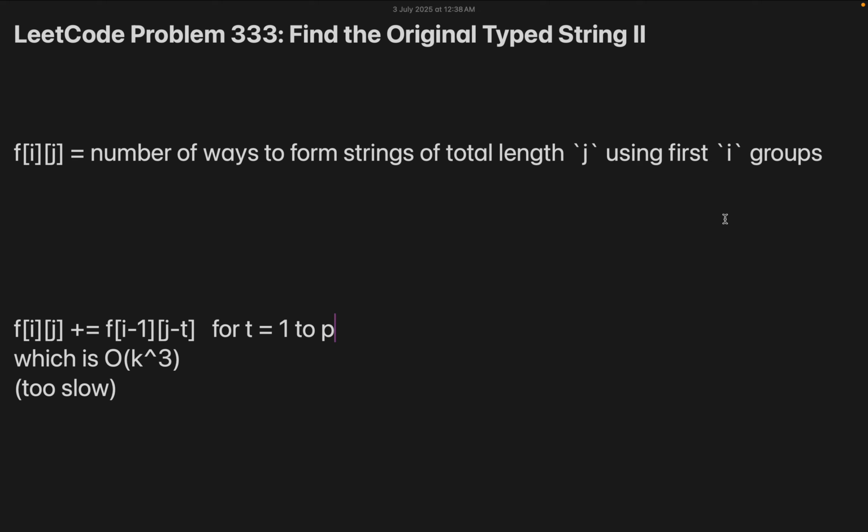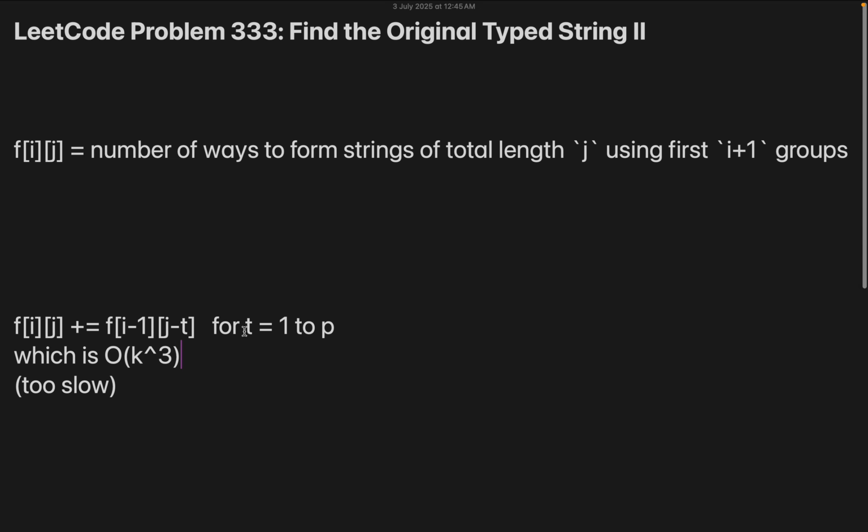Since the length is fixed, we have to change the number of characters appearing from that character group. If it's possible, we'll take 1 character, but since the length is fixed, we'll be doing j-1, j-2 until j-p, and we are taking i-1 character groups because we are finding the ith group. Actually, this should be i plus 1, sorry. So i plus 1 groups. So for the ith entry we'll be having i-1.